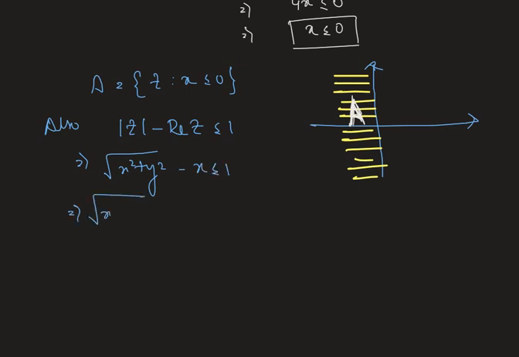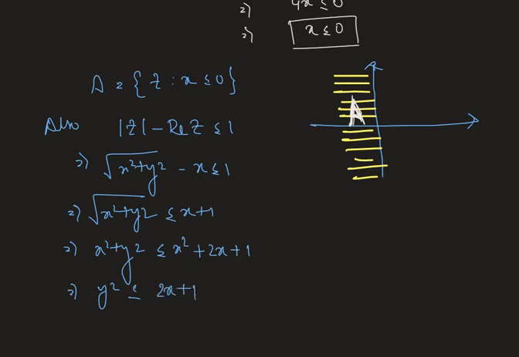Therefore root over x square plus y square is less than or equal to x plus 1, and x square plus y square is less than or equal to x square plus 2x plus 1. Hence y square is less than or equal to 2x plus 1. If we take 2 as common, we get 2 multiplied by (x plus half).